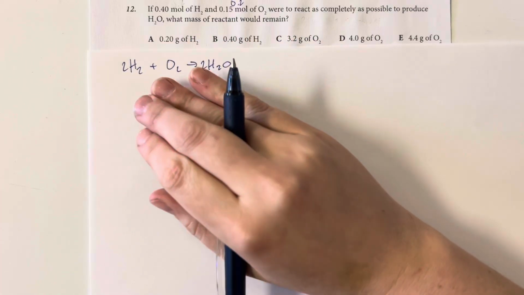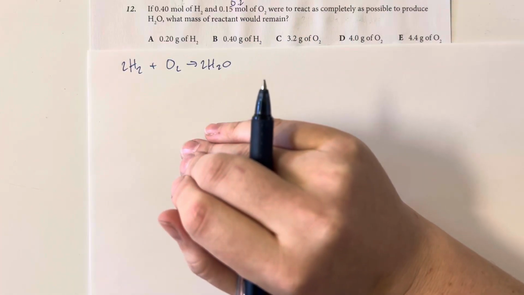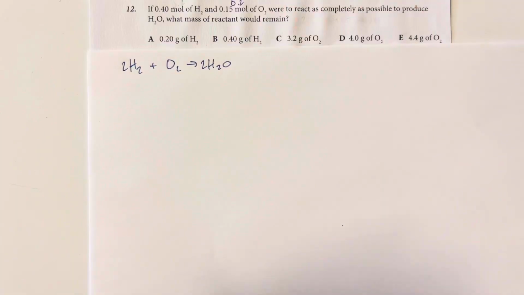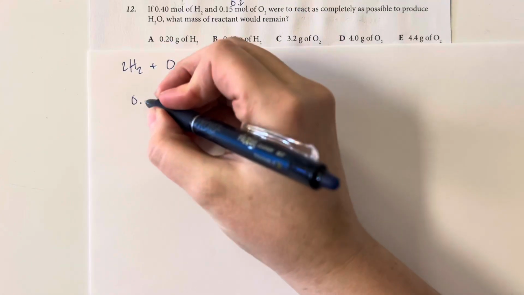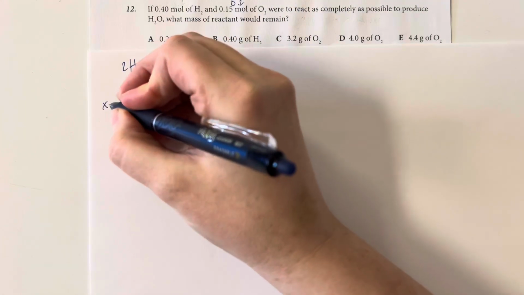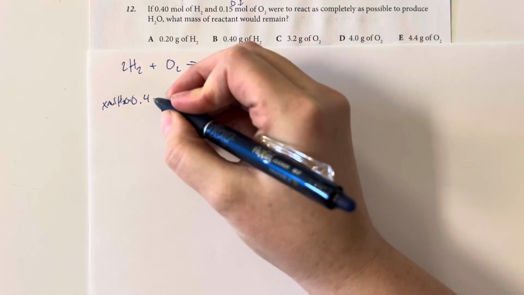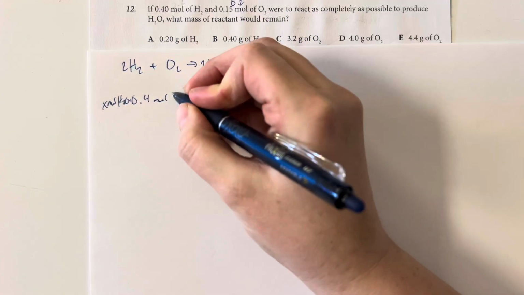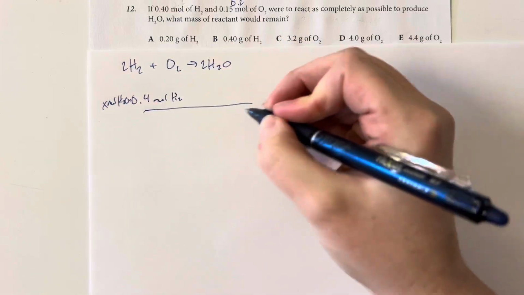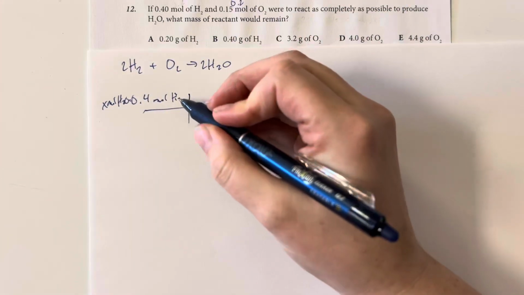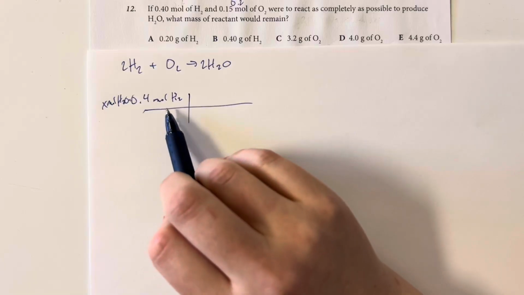So we just need to figure out how much that is actually going to produce. So looking for the moles of water that we can produce from 0.4 moles of hydrogen. Just a simple mole-to-mole calculation here.